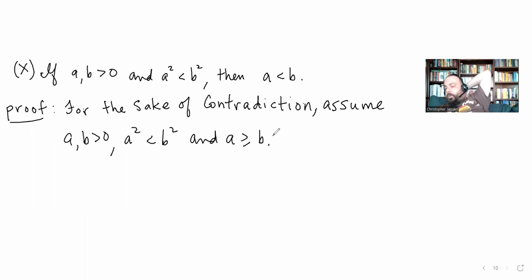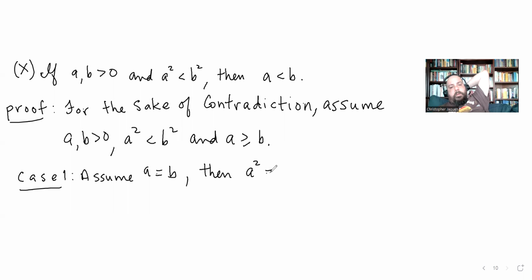The first case will be A equals B. Assume A equals B. That implies A squared equals B squared, which contradicts the fact that A squared is less than B squared.